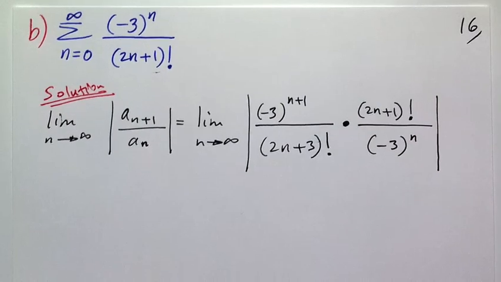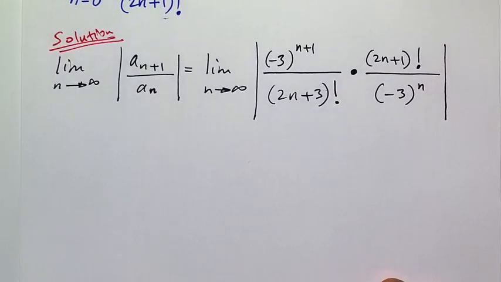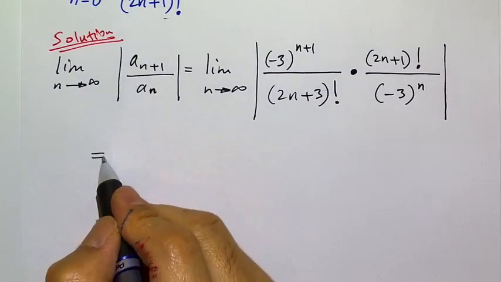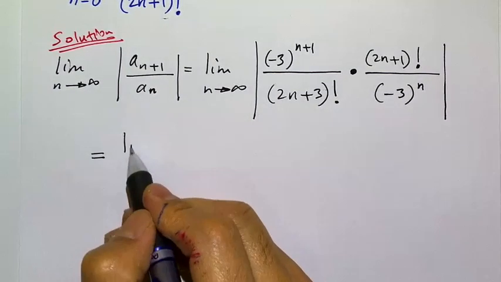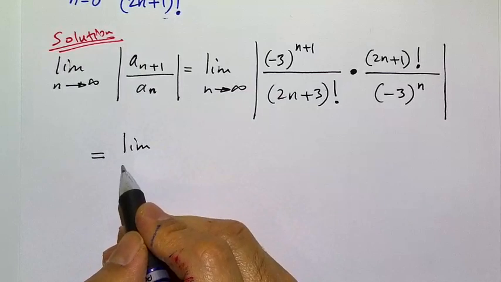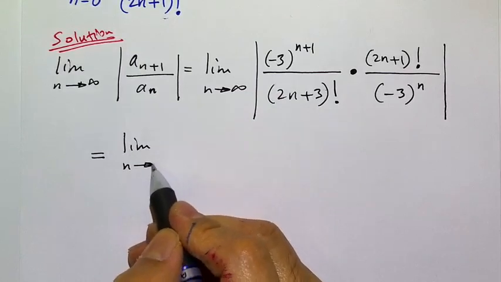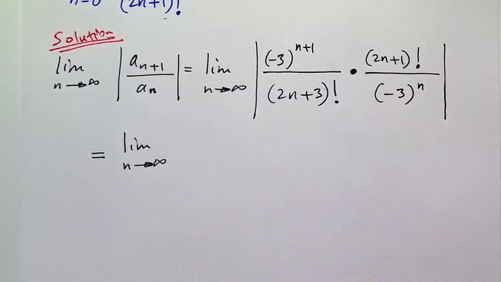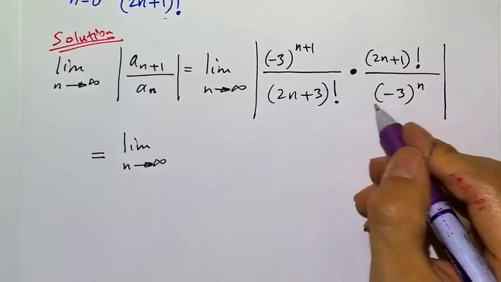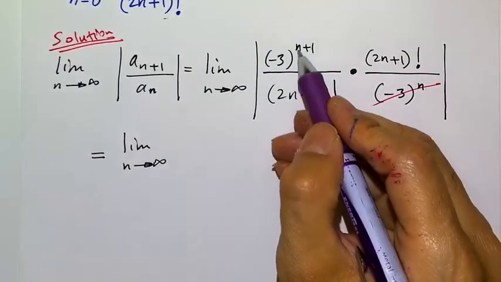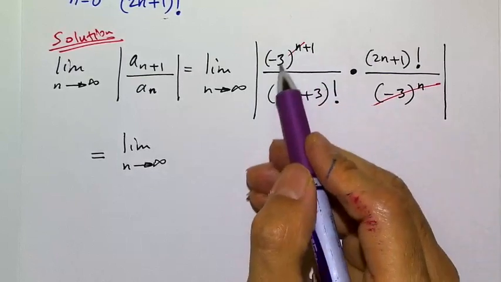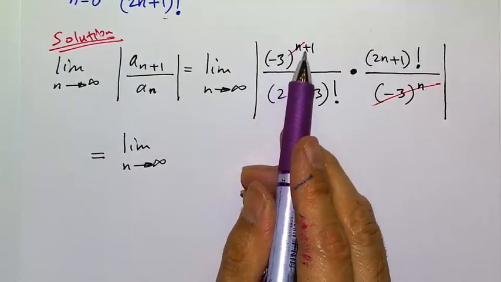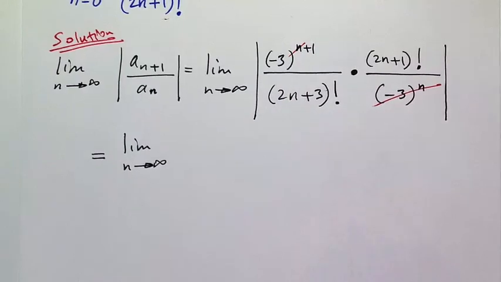Okay. And then let's simplify this. There's always quite a bit that we can simplify when we apply the ratio test. So we have minus 3 to the n with that one, so we are left with minus 3 to the power 1, which is just minus 3.